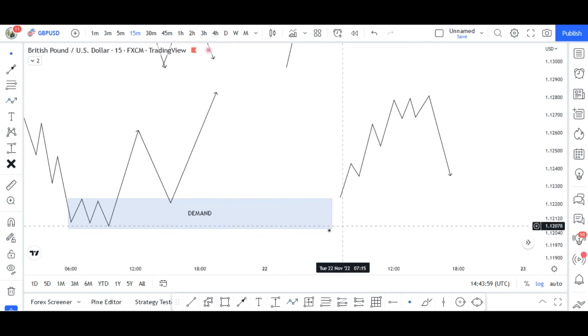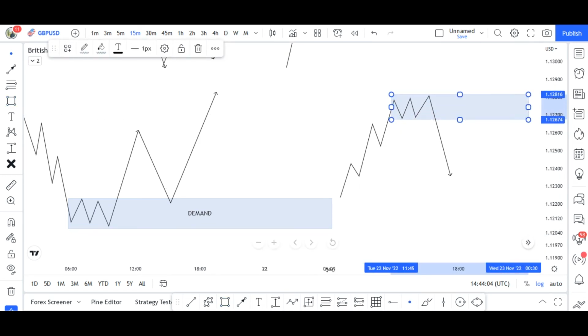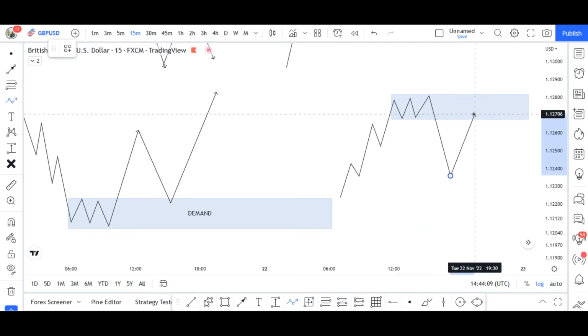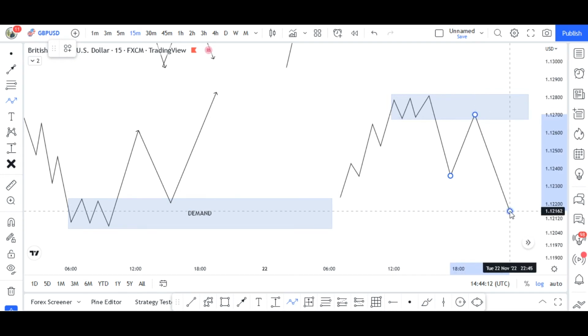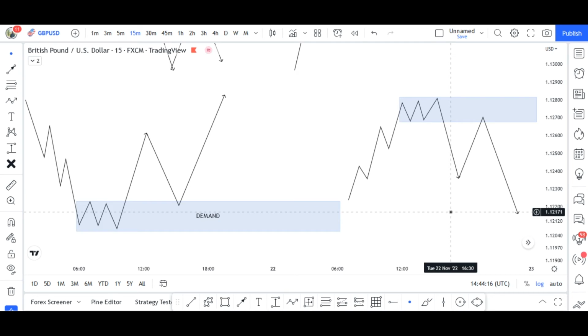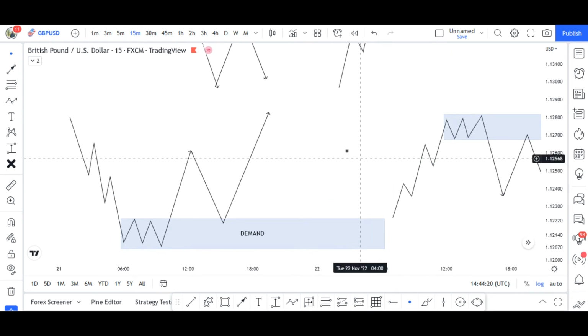So now we have a supply zone here. And we are expecting the market to trade into it. Then we sell. So we are expecting this to happen. Good. So this is my understanding of what supply is and what demand is, and how to identify them in the market.